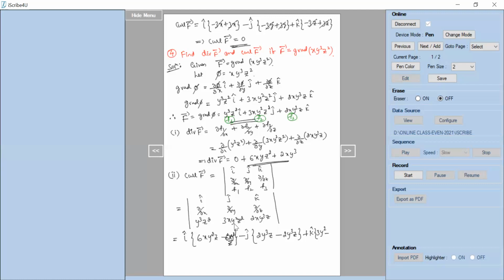The dou by dou x of this one is 3y square z square, minus dou by dou y of this. Differentiation of y cube is 3y square, 3y square z square again. Now it is correct. Now if you observe, all these terms get cancelled. So the value of curl f is 0 for this problem also.